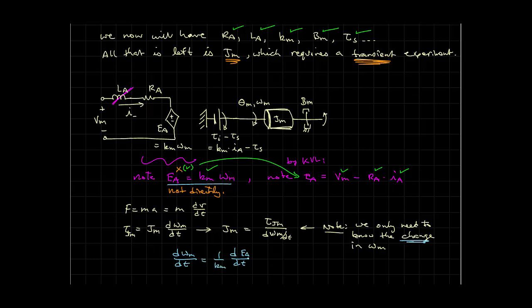And dEA dt can be further expanded into dVm dt minus Ra dIa dt. So you need to think of a test where that test will result in the physical motor undergoing a d omega m dt.